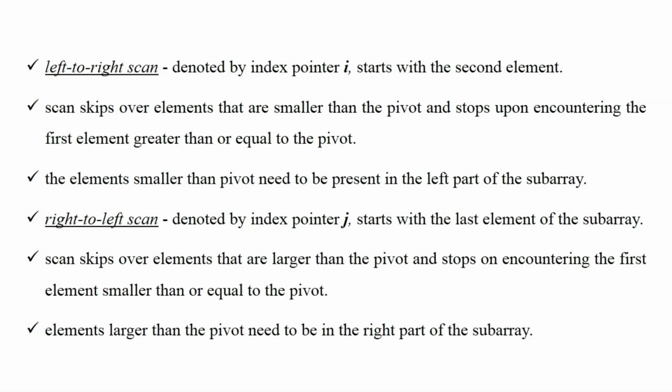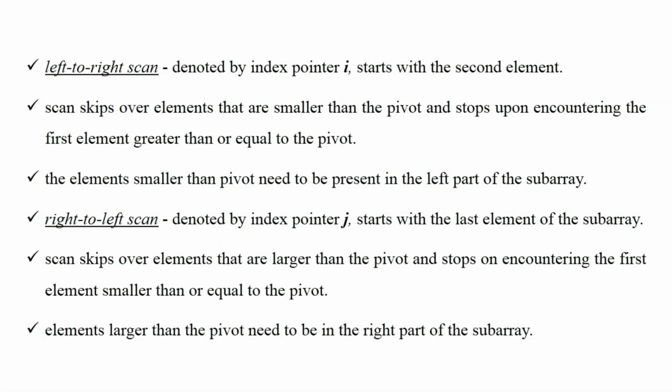You need to stop the scan upon encountering the first element which is greater than or equal to the pivot element. Why are we doing this, looking for the smaller element? Because we know that when we make a partition, the elements to the left of that partition will be smaller than the element which is present at the partition.